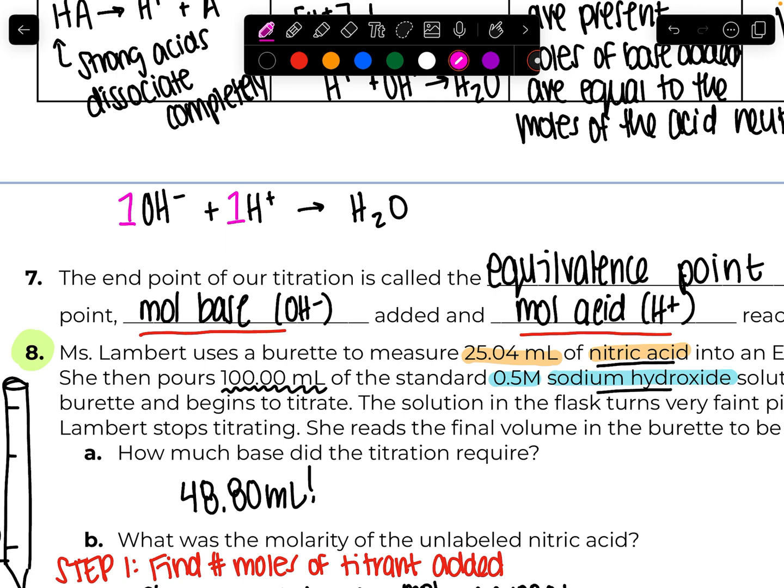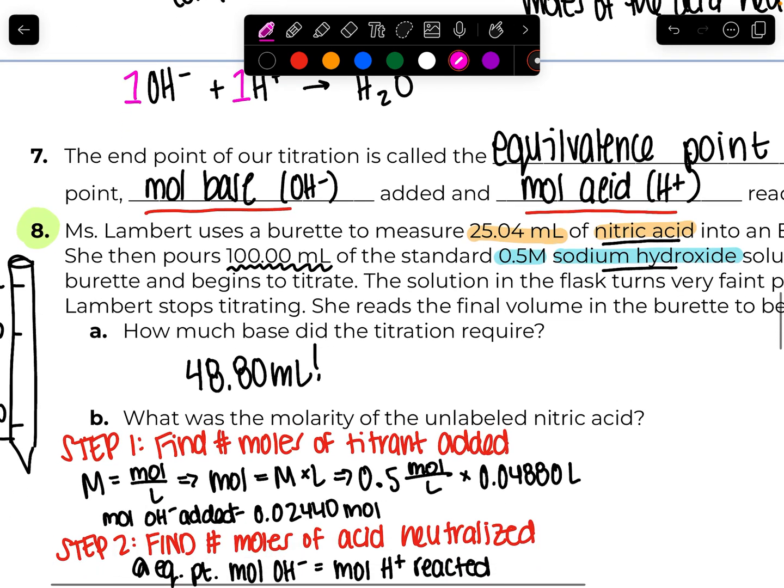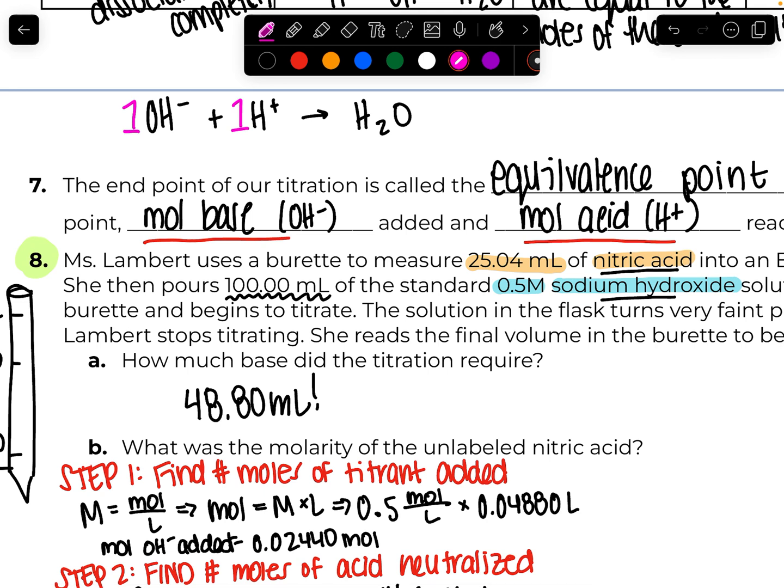Diprotic acids mean that you have 2 moles of hydrogen per every 1 mole of sulfuric acid, which is going to change your mole-to-mole ratio, and it's going to change your balanced chemical equation a bit. So I bring this up now. We will do another example with a diprotic acid, but for right now, we're just going to focus on the fact that this happens to be 1-to-1 because we're dealing with nitric acid here.